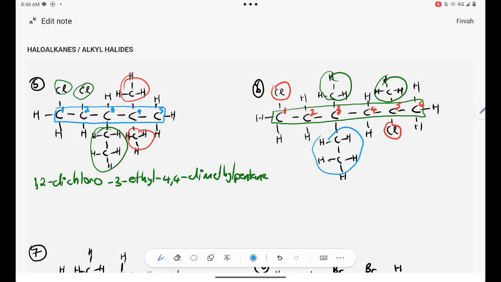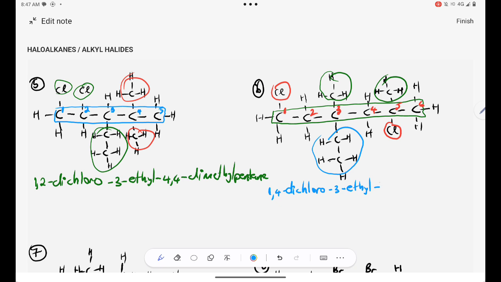I need to mention these substituents in alphabetical order, and then state the suffix of my compound. I know that at carbon number 1 as well as carbon number 4, I simply have my dichloro. At carbon number 3, I have an ethyl.